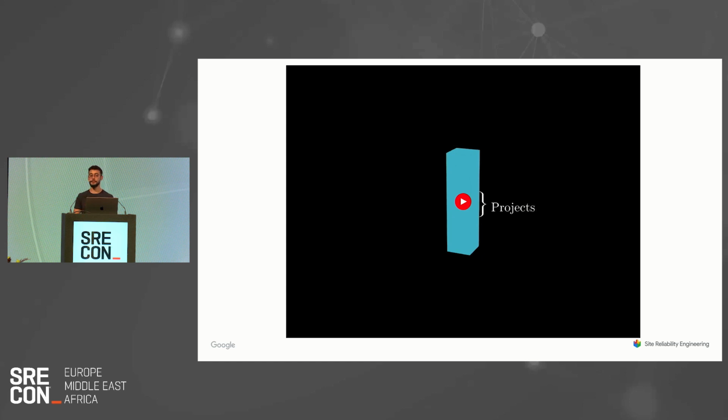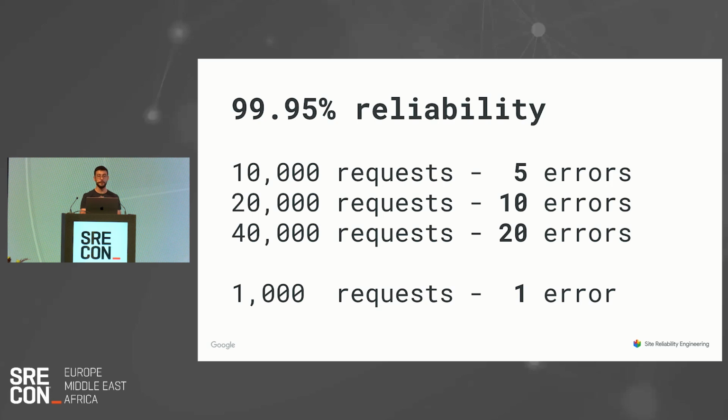It was the false positives when SLO budgets were blown. For example, when we say 99.95% reliability, we mean 10,000 requests allows us 5 errors. We scale that further and say 20,000 allows us 10 errors, and 40K allows us 20. If you go the other way around, though, we naively would say that 1,000 requests or less allows us only one error.